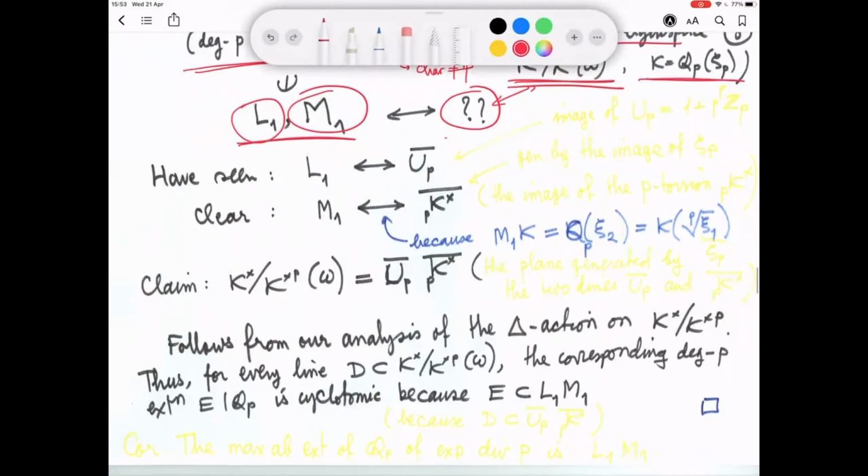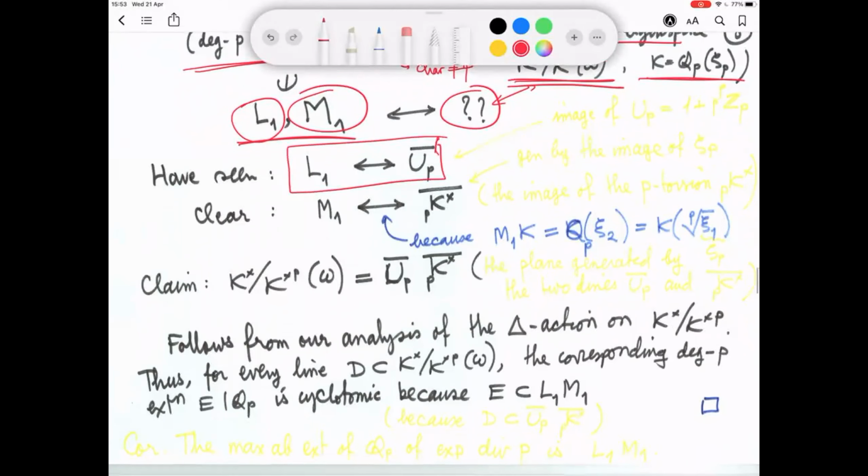Now, at some point, we had proved that the unramified degree p extension corresponds to this line. We had proved it for every p-adic field of characteristic 0. What is also clear is that M1 corresponds to the image of the group of pth roots of unity in K star, the p torsion, that is, its image in K star modulo K star to the power p.